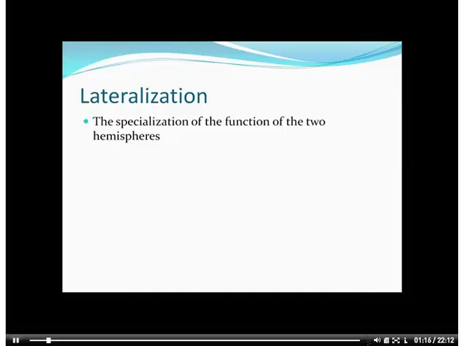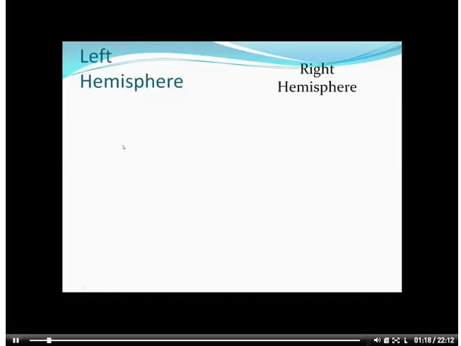So let's just take a look at this. What we have is the left hemisphere and the right hemisphere. The left hemisphere would be the left side of the brain. It's for language. I'm sure you probably have to stop and start these lectures over and over again, because I know it's really hard for you to pay attention to these lectures because you don't even have the facial patterning to look at.